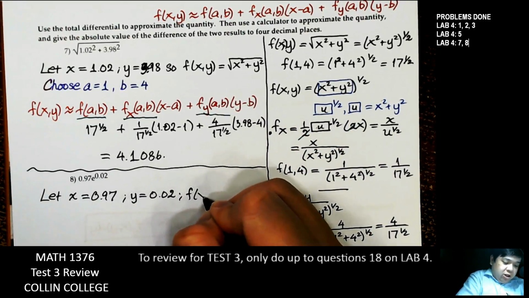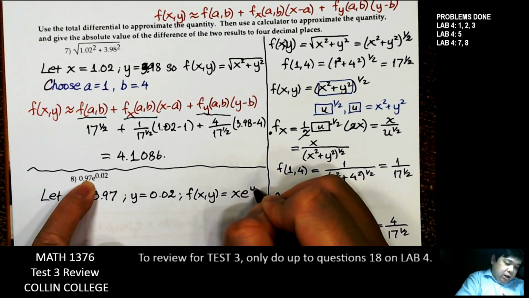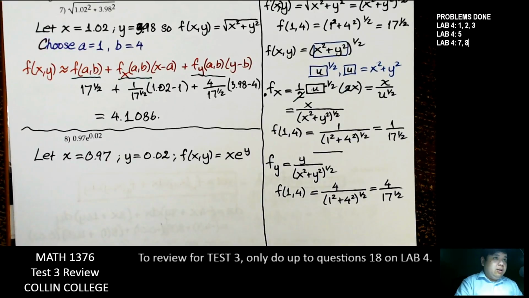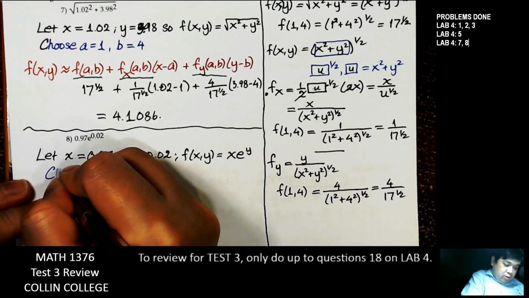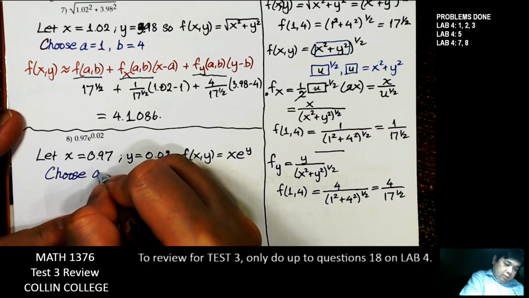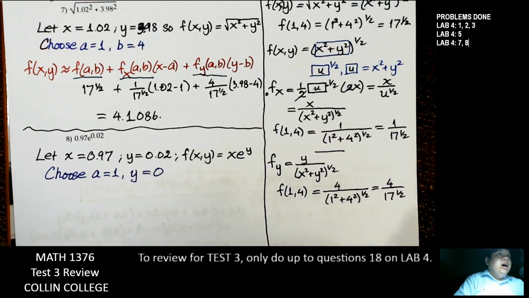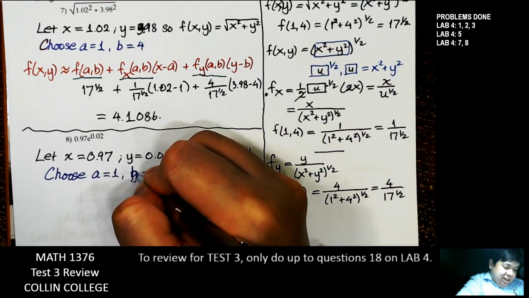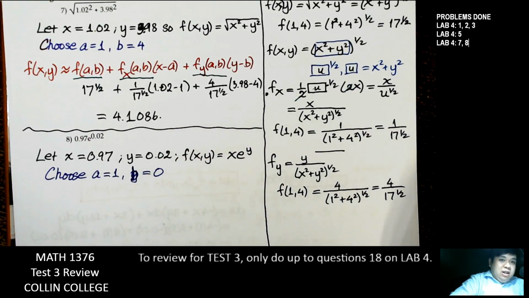The function will be just x e to the y. Then we choose some nice values that are close to this, so the calculation is simple. A is 1 and b is 0.